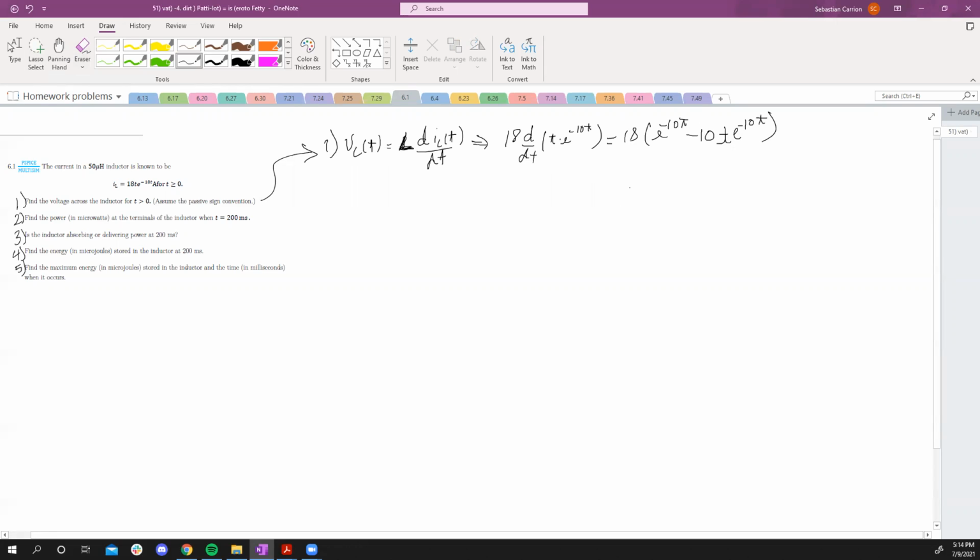And then we can say this shares 18 e to the negative 10t times 1 minus 10t. So that is our di(t) over dt. Let me rewrite that.